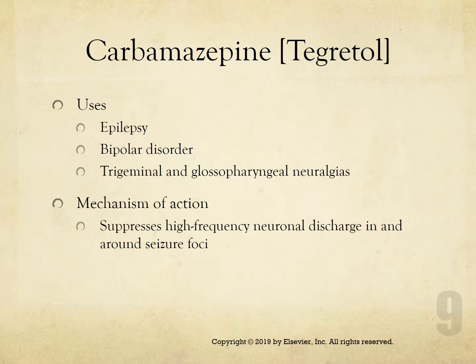Next would be Tegretol or carbamazepine. It's used for epilepsy, for bipolar disorder, for trigeminal and glossopharyngeal neuralgias. It suppresses the high-frequency neuronal discharge in and around the seizure foci.